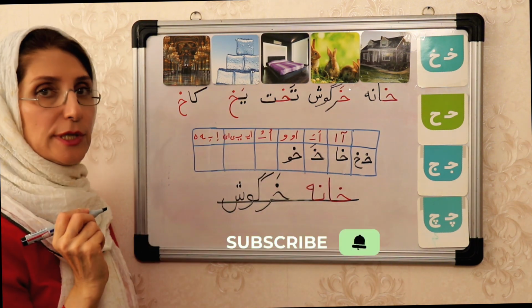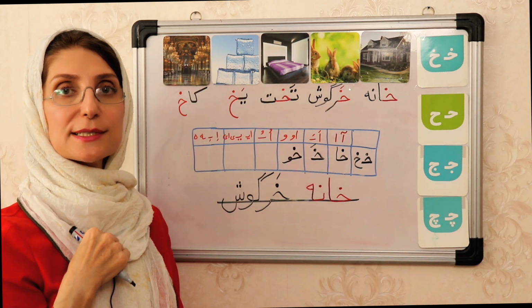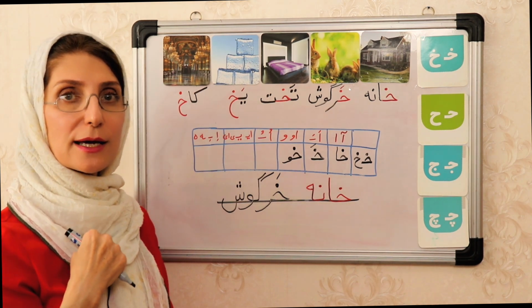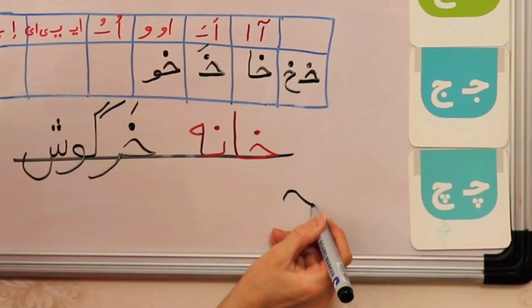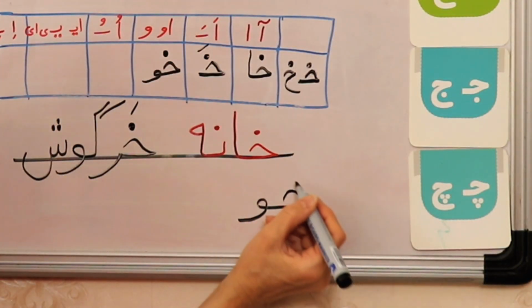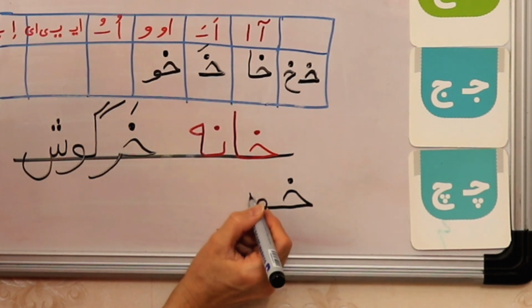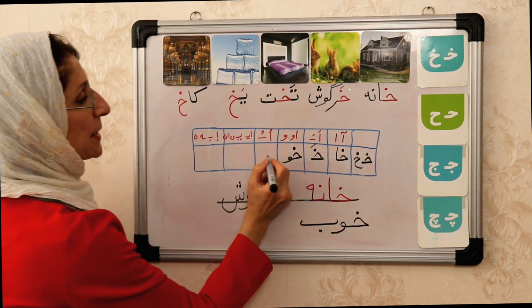Khe and u is khu, like the word khub. Khub hastam. I am well. Look at the way we write this khe, then the right u, return back and write the dot for khe, and khub.